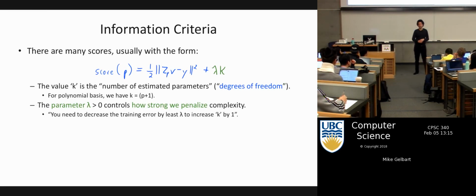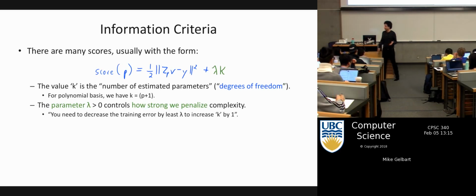Whereas if lambda is very tiny, in fact, in the extreme case where lambda is 0, we're just back to what we were doing before. Just look at training error. So we can just throw away this thing by setting lambda to 0. As long as it's greater than 0, the effect is there. And when lambda goes towards infinity, then we say, actually, I'm never going to improve by infinity.